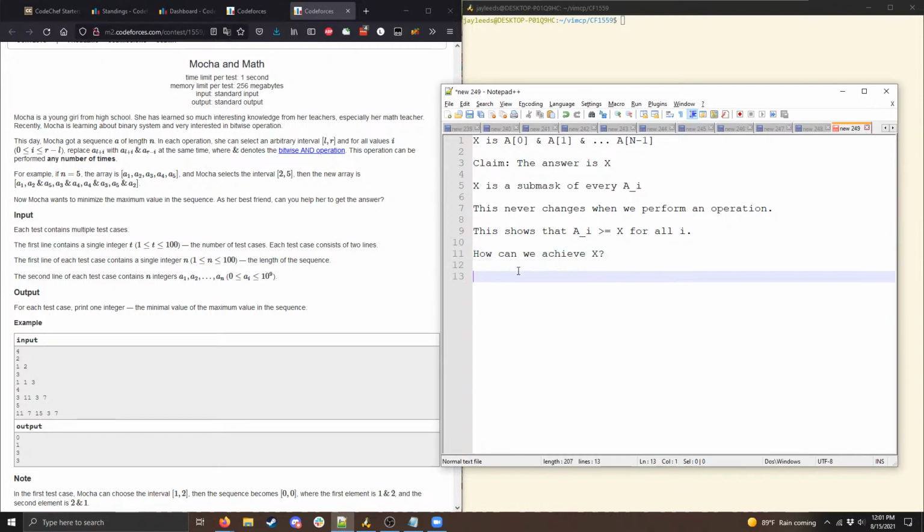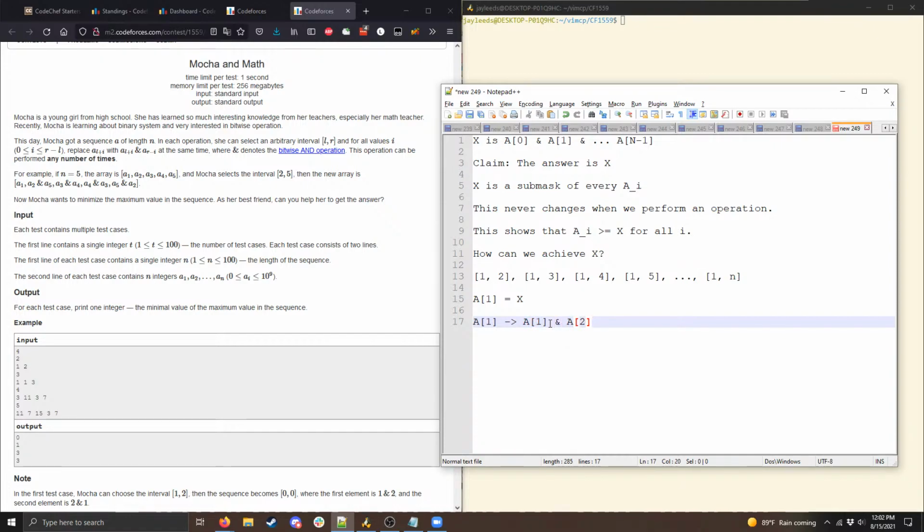First I'm going to select the elements (1,2), (1,3), (1,4), (1,5), all the way up to (1,n). And what that's going to do is make a of 1 equal to x. When we do (1,2), if we take i to be 0, then that's going to replace a of 1 with a of 1 AND a of 2.